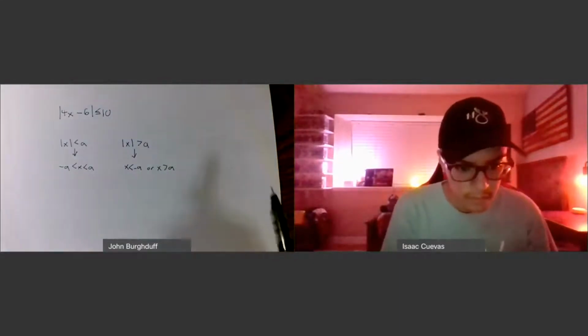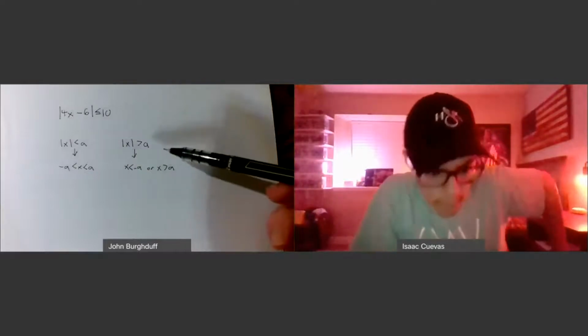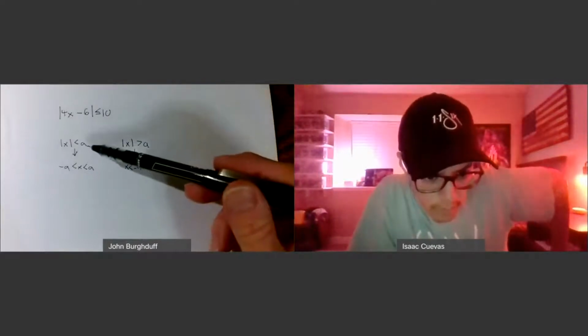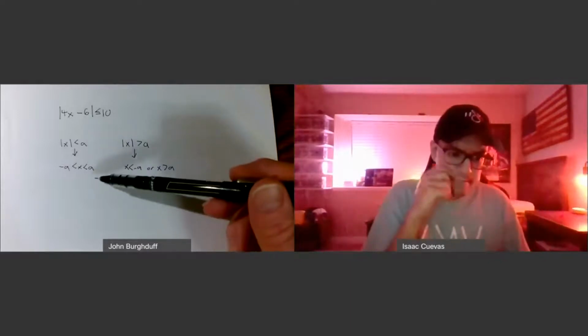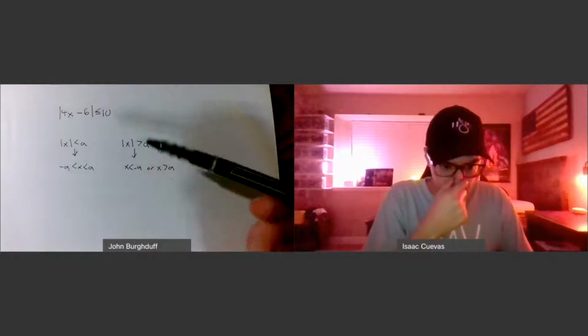These are kind of your templates for the general form of an absolute value inequality with either a less than or a greater than, how you translate the absolute value inequality into a more recognizable one. So that might be useful to you as you try to work on it.